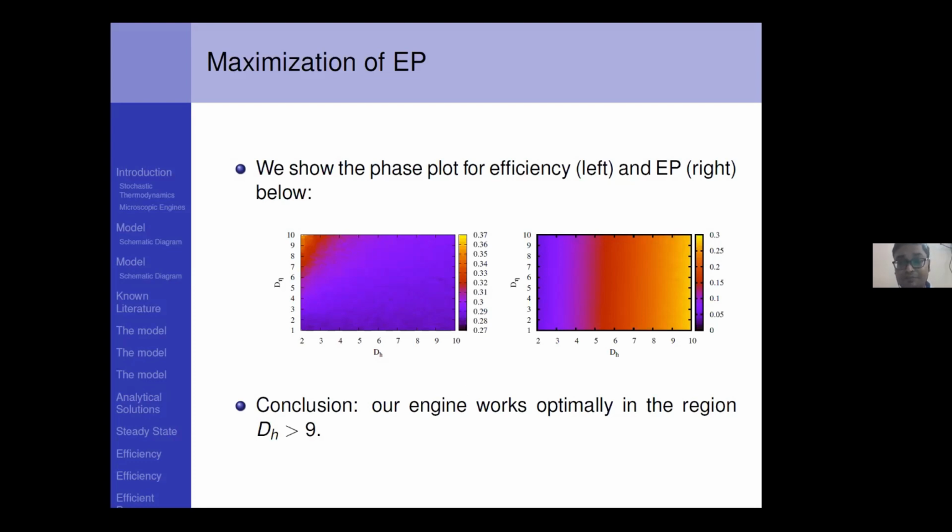But the power depends on the time scale of the cycle, right? So which time scale did you choose? I mean, you chose the optimal time scale which maximizes the power, is it? No, actually, the time scale was fixed beforehand, and we chose it to be 1 second. But this variation in power and efficiency as a function of the net time of observation, we have not checked.